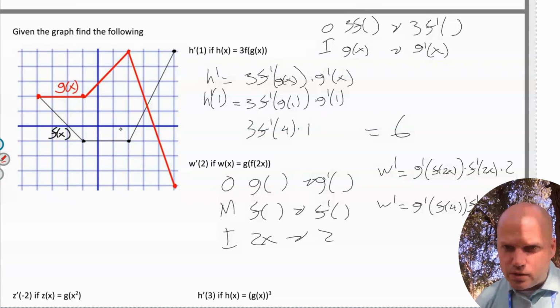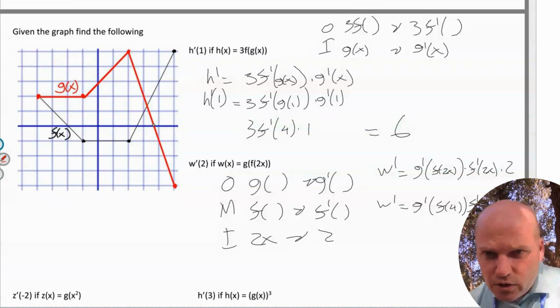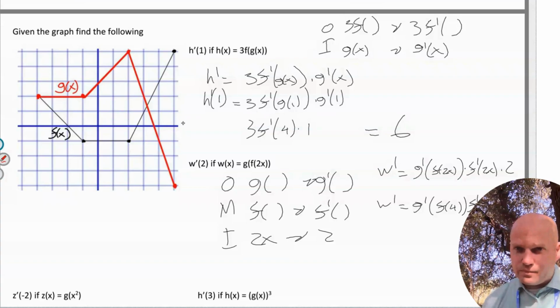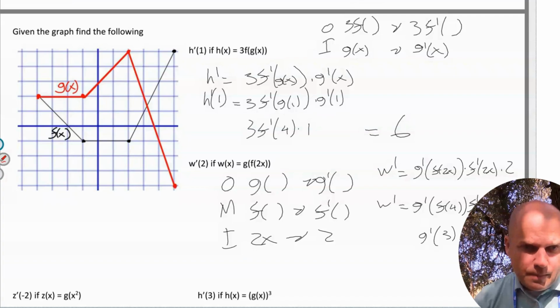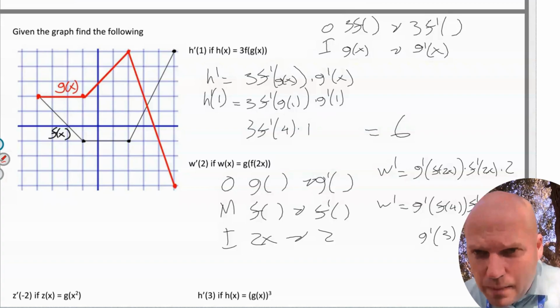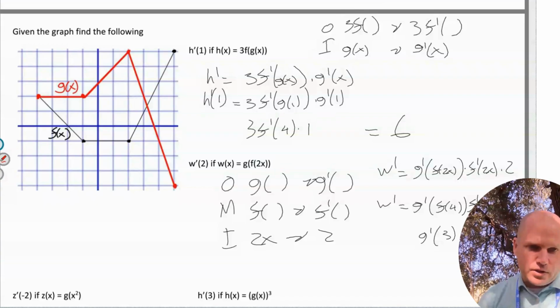F of 4, 1, 2, 3, 4 is 1, 2, 3. So I get G prime of 3. F prime of 4 is 2. We got another 2. G prime of 3, 1, 2, 3. The slope of this line segment is down 1, 2, 3 over 1, negative 3. That's a good question. Negative 12.